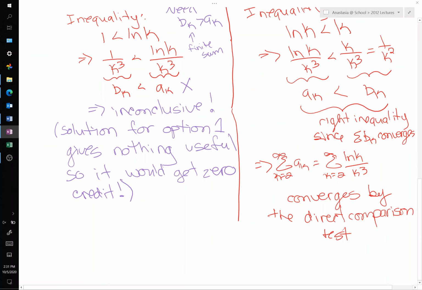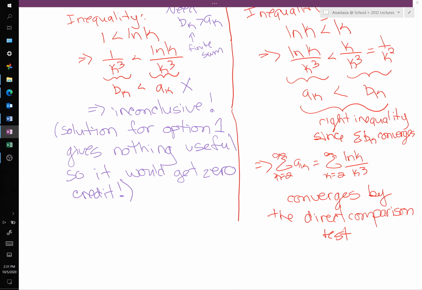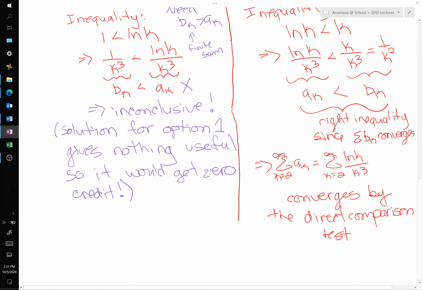In case I haven't said this before, now that we have talked about a lot of different series tests, so these tests that you can apply to a series to determine whether it converges or not, if you apply a particular test for a given series, you need to state what test you are applying, okay? And that will be written in the instructions on any graded assignment, but you still need to remember to do it.